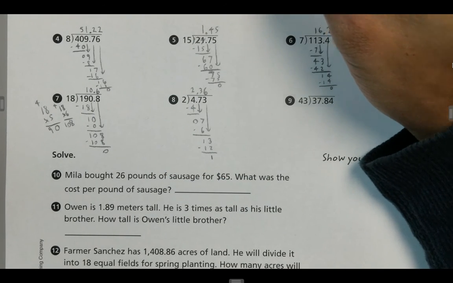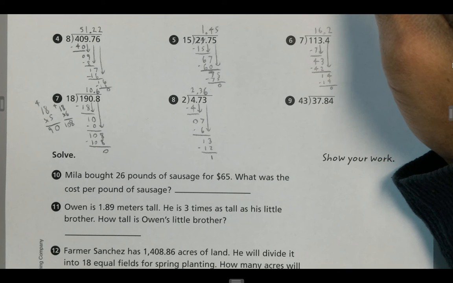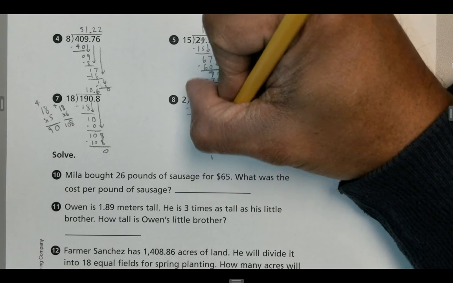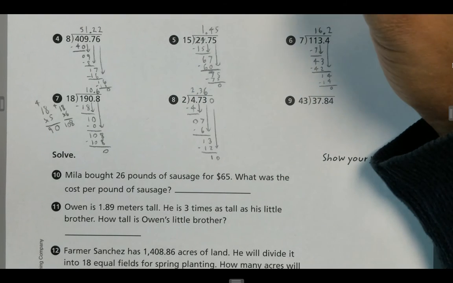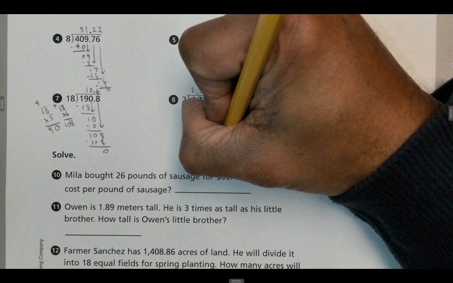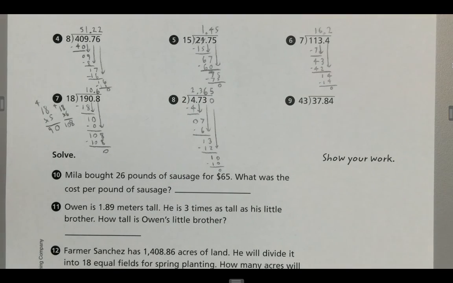Subtract. Now we have a remainder. Let's extend the problem. Add a 0. Bring it down. Yes, 2 goes into 10 5 times. 2 times 5 is 10. Now we have a complete answer.